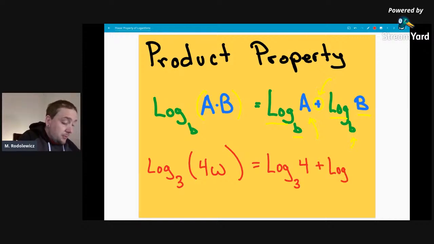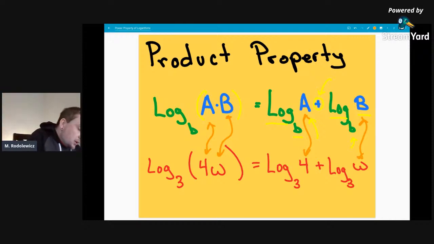Log base 3 of w. That's what it says, right? So last but not least, there's that. So it's like that first factor, a, is really a 4 here. So there you see it there. My second factor is a w. So my second term is a w. We separate it into two logarithms separated by addition.